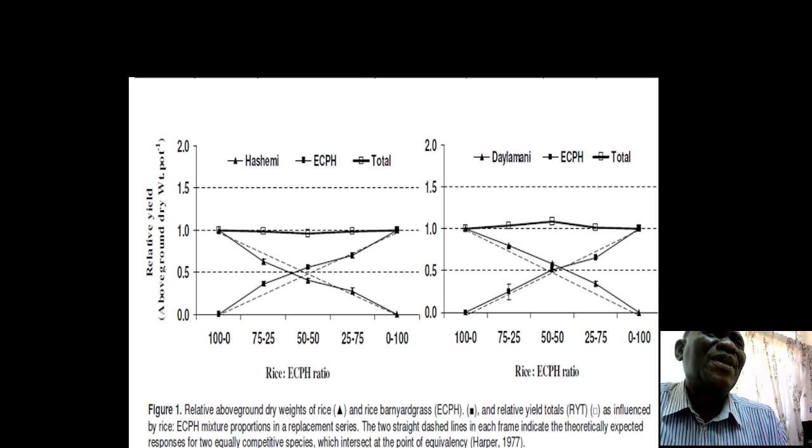Now, if we look at the curves, where you have that square dot, I think it's representing the weed, and the triangle is representing the variety.